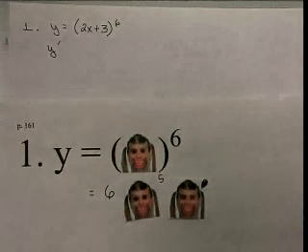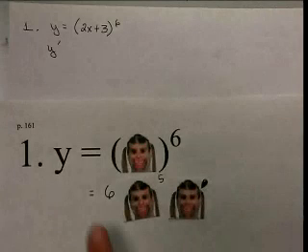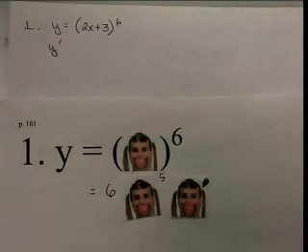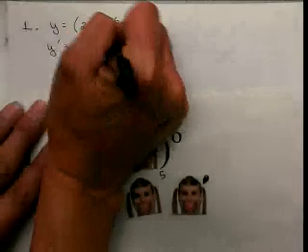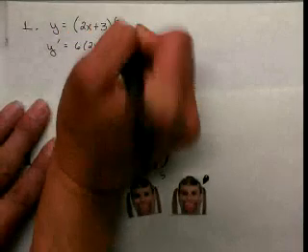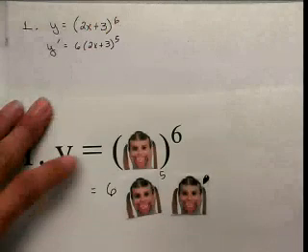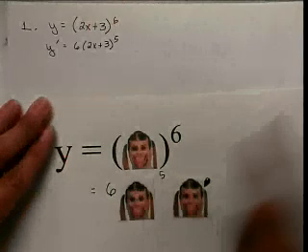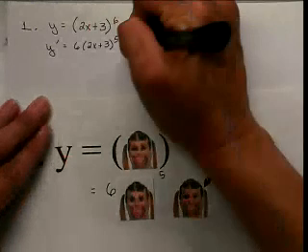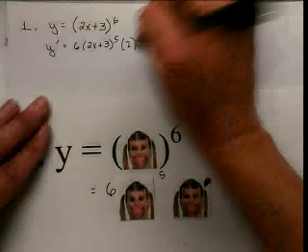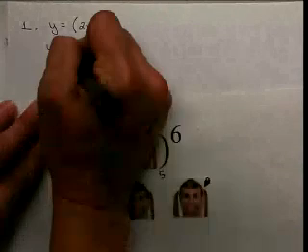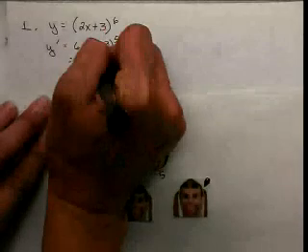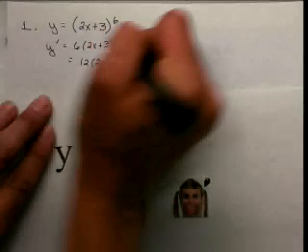The derivative is y prime. 6, same old ugly to the 5th, times what? 2. Derivative of the ugly is 2. And then simplifying that as much as possible, that's 12 times 2x plus 3 to the 5th.